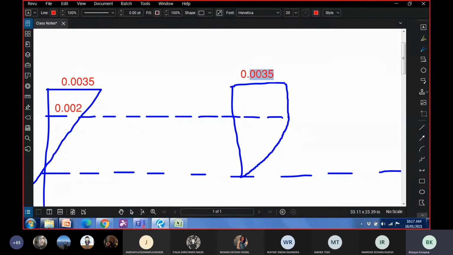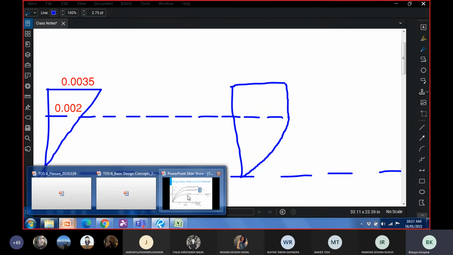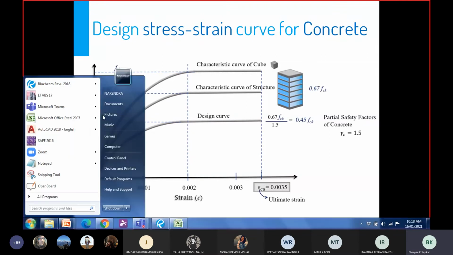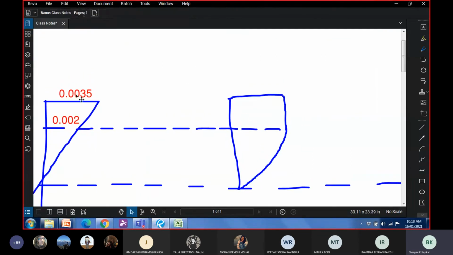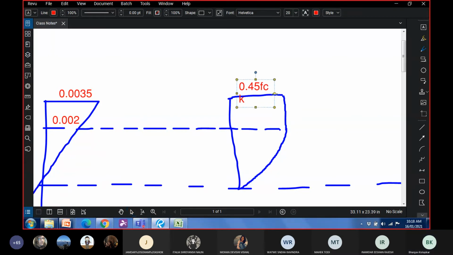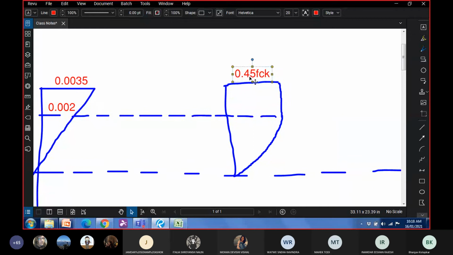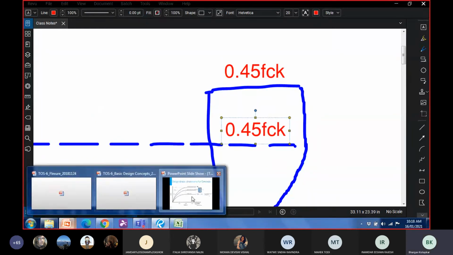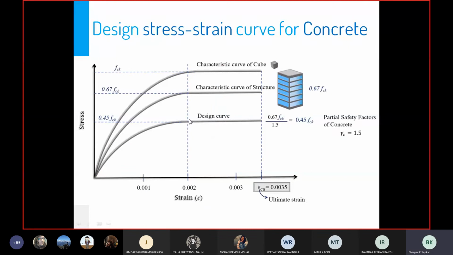Similarly, you'll have a maximum stress here. This is our design curve. This is 0.45 fck. So the value that we'll have here is 0.45 fck, and we'll have the same value here because the variation is linear. 0.45 fck here, 0.45 fck here, the same value.